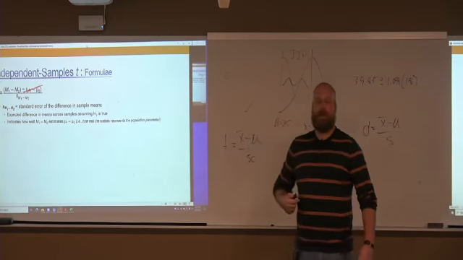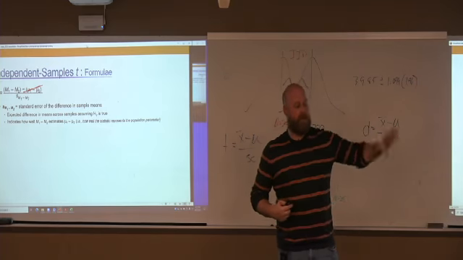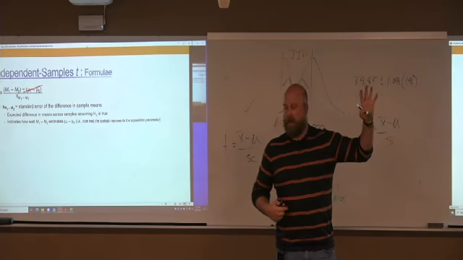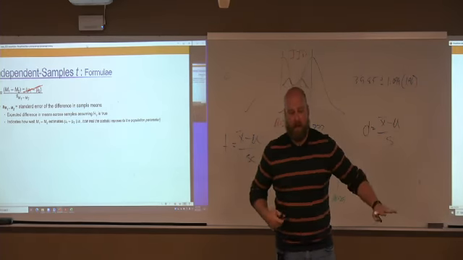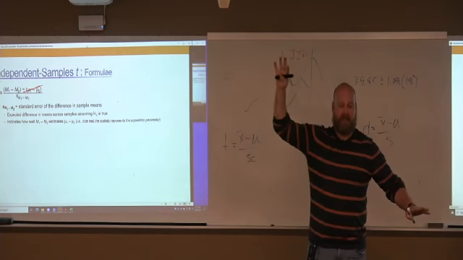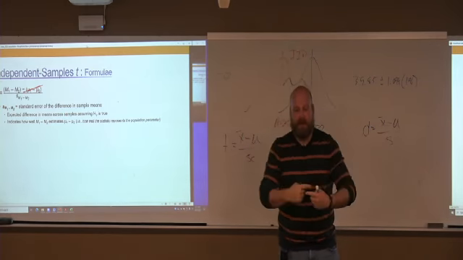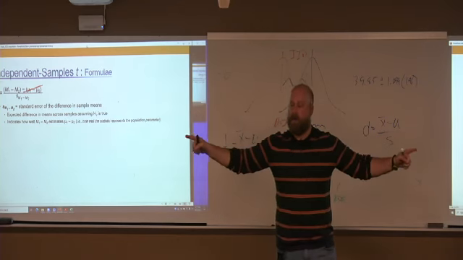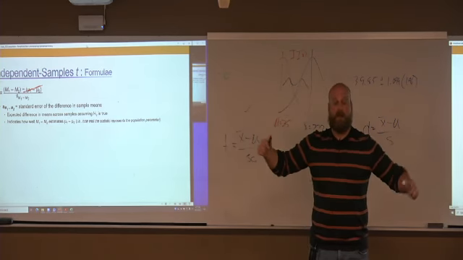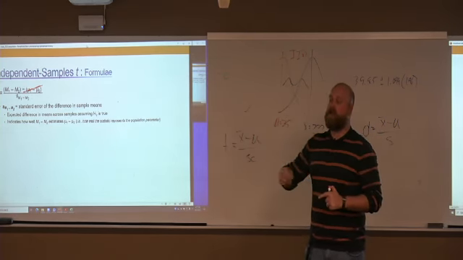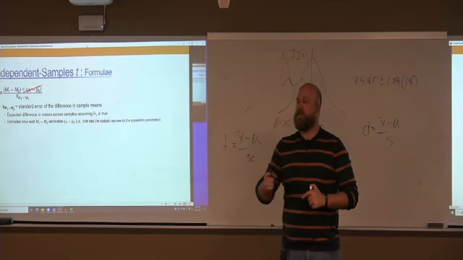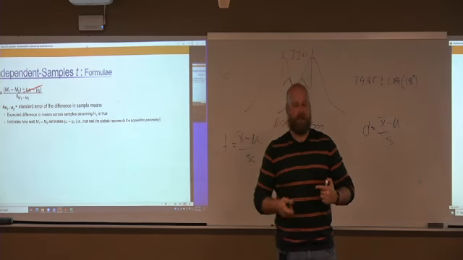So if I were to take all possible samples of size X from population 1 and all possible samples of size X from population 2 and subtract those two means, what would the distribution of those different scores look like? So with our independent sample test, our distribution isn't of mean estimates, it's of differences in means.